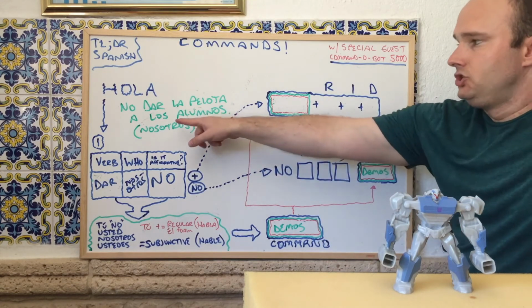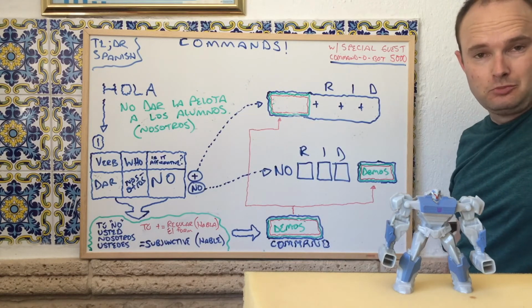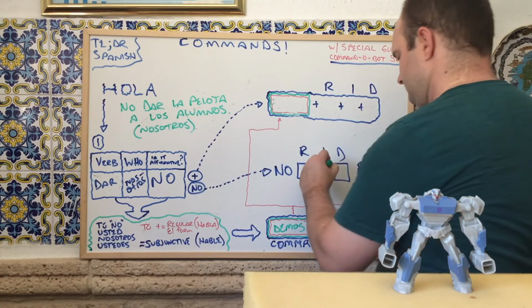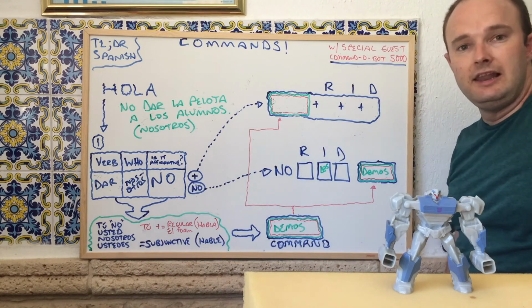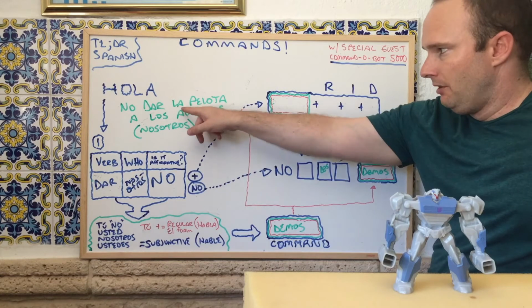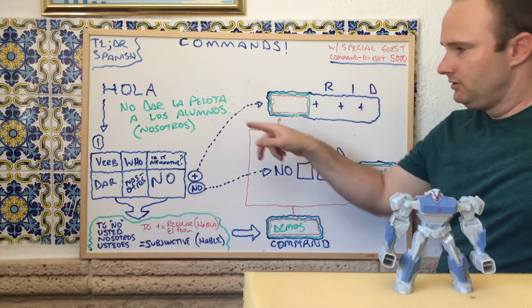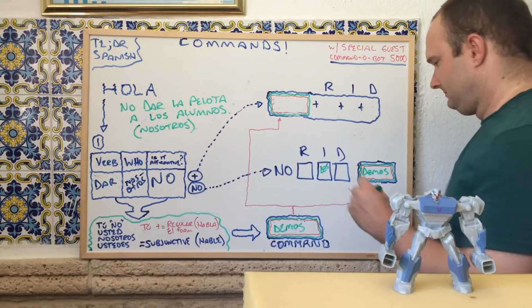We're giving the ball to the students. So the indirect object pronoun for that would be les. Good job. Your encouragement is not needed, human. Les. Now, direct object. What is being given? The ball is being given. So the direct object pronoun for that is going to be la.